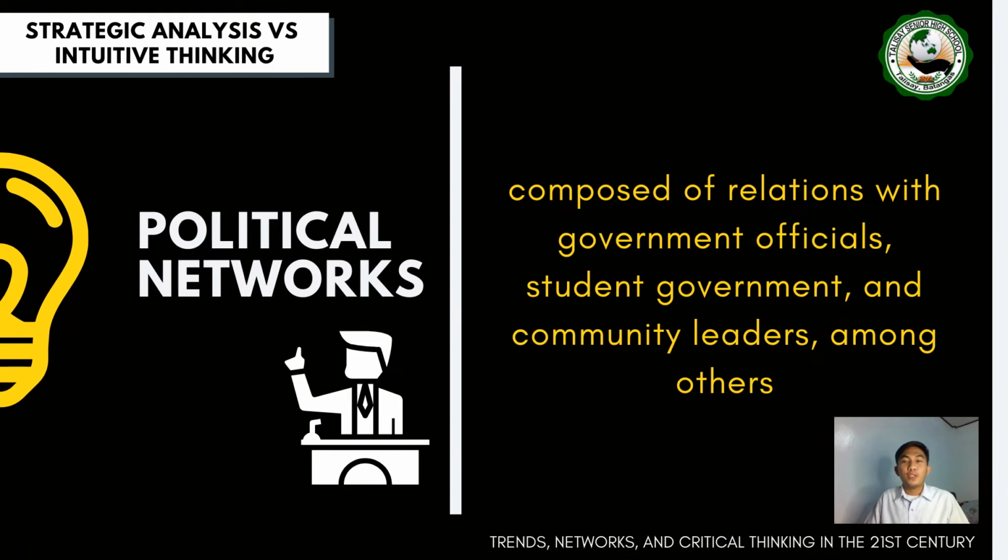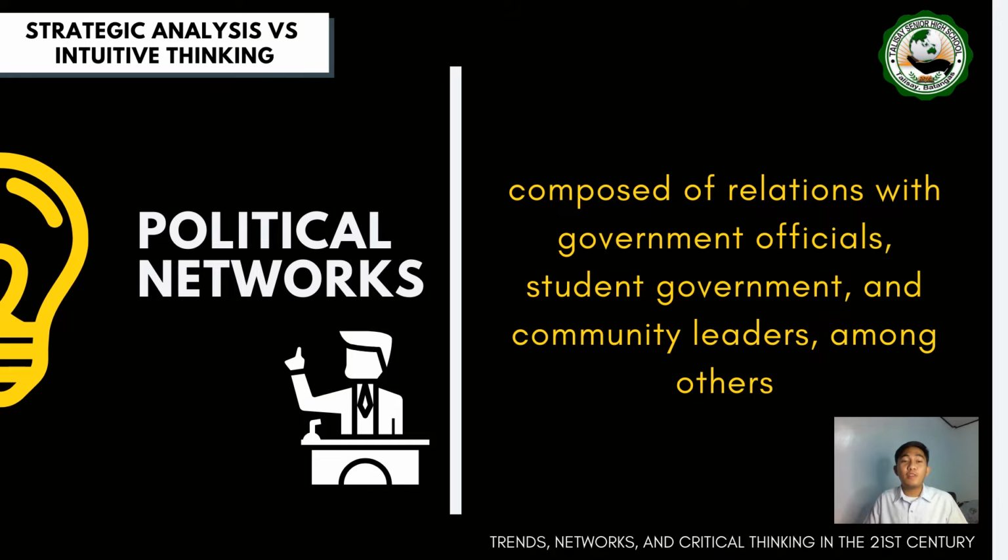Okay, so first we have the political networks. It means it is composed of relations with government officials, student government, and community leaders, among others. So, di ba, as members of the community, we are building networks. And when we say networks, that means we are building connections based on how we interact and know the people around us.